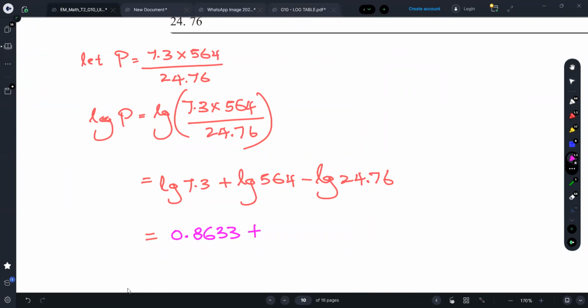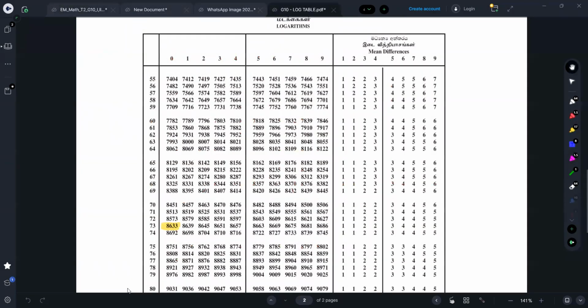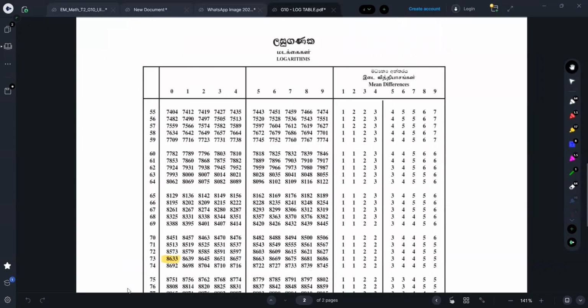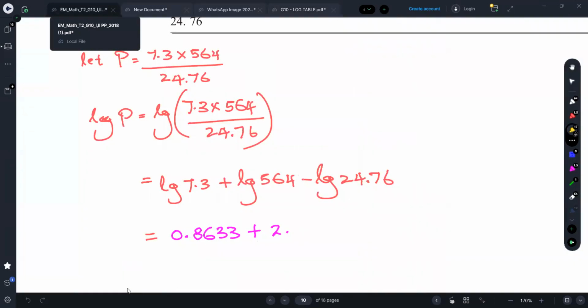Plus, here there are three numbers, therefore 2.564. 56 and 4. 7530. Minus.